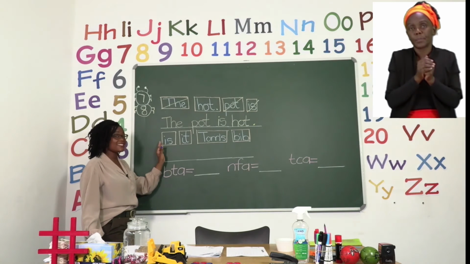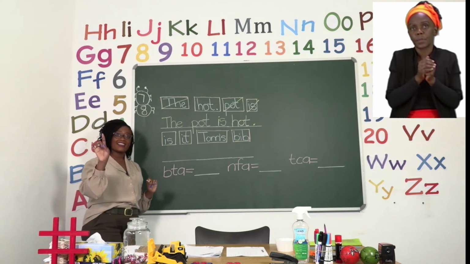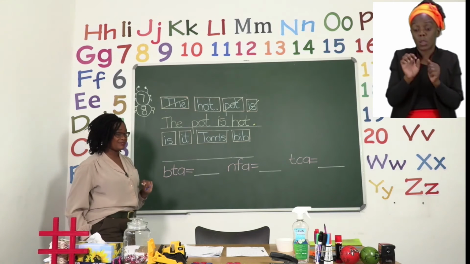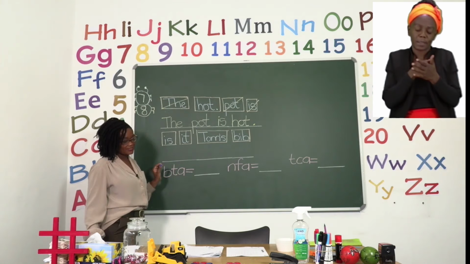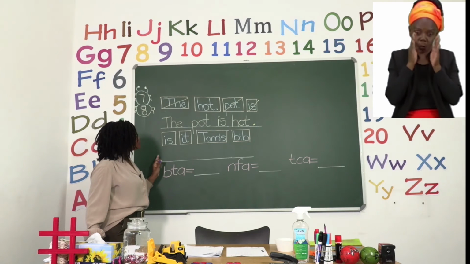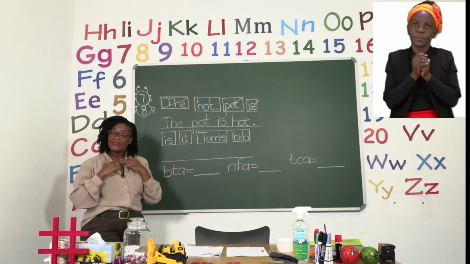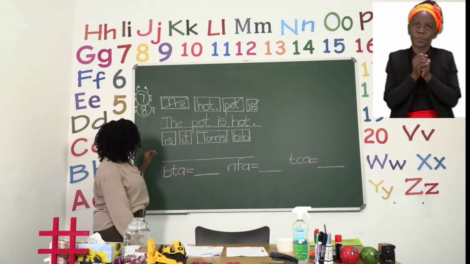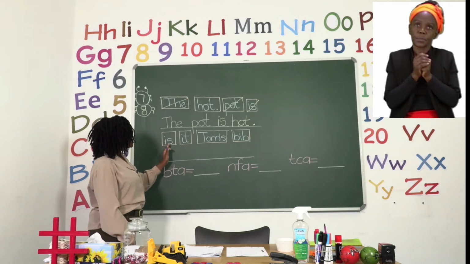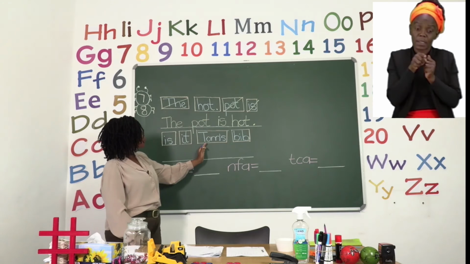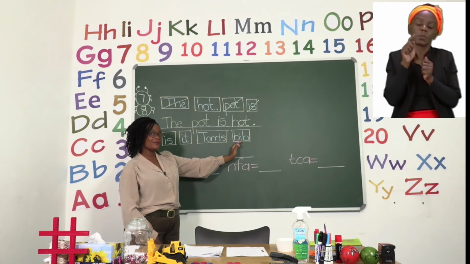Let's now do the second one together. Now, this one is the second one on my board, but it is the last one in your booklet. We are going to try and do this one together. Now, it's not the last one because it's talking about a bib for a baby. So we are going to say, let's read. Is it Tom's bib?